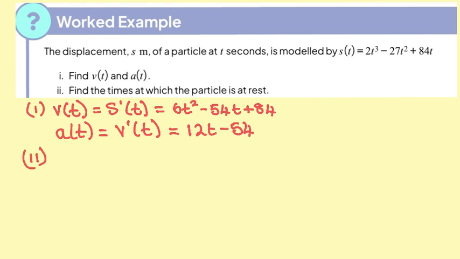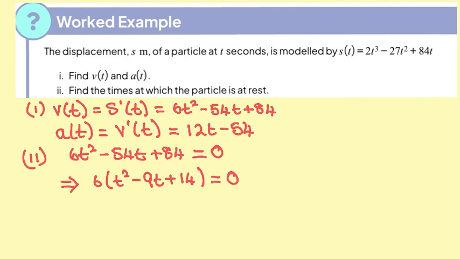Part 2. If a particle is at rest, its velocity is equal to 0. That means we need to put the velocity function equal to 0. Therefore, we get 6t squared minus 54t plus 84 equals 0. Now we factorize to find the times when the velocity is equal to 0.